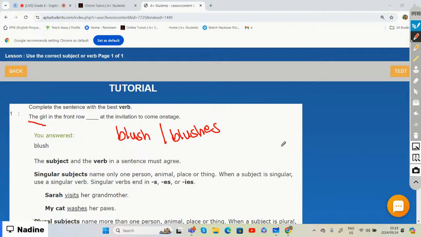Our correct verb that agrees with our subject.